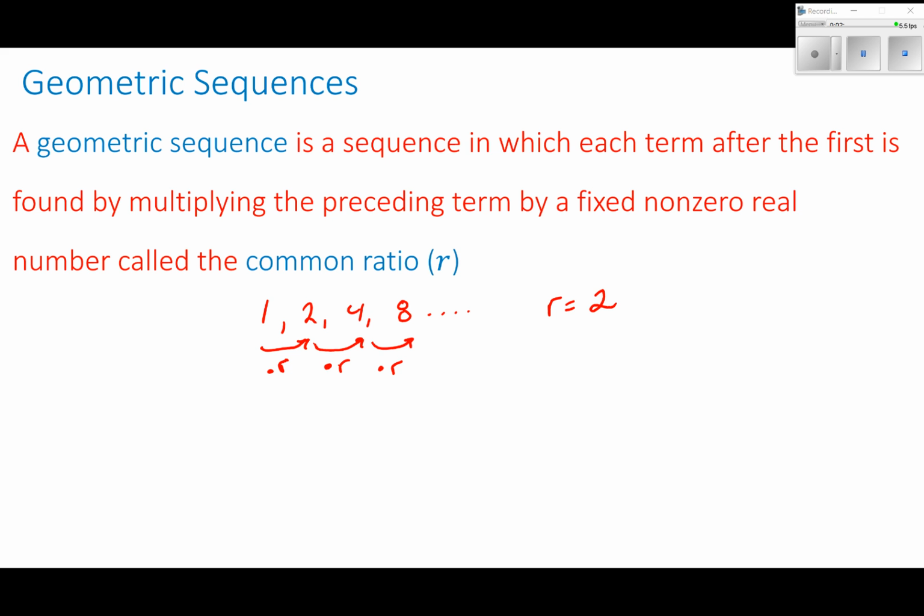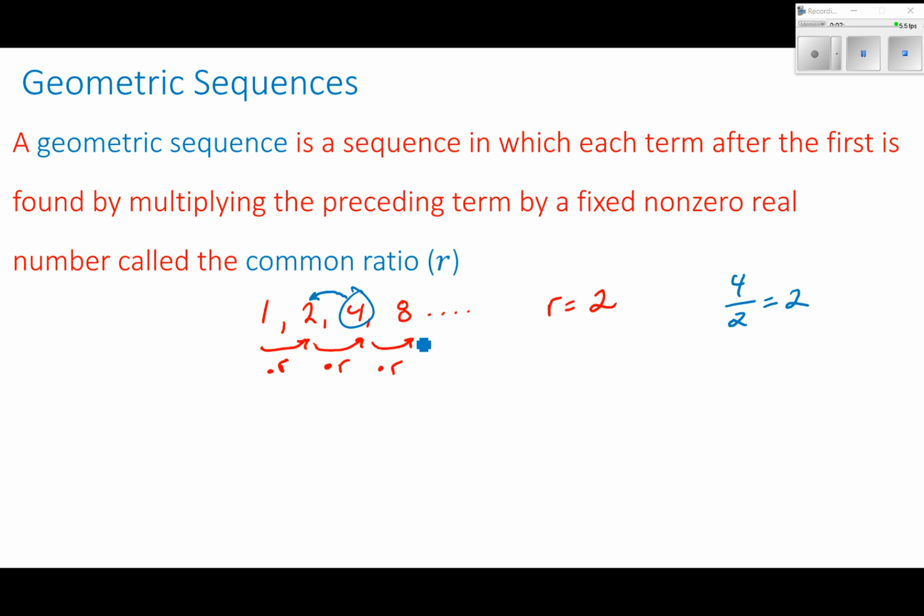Another way to find this, and we'll get more with other numbers that are a little harder to find just by looking at them, is to take a term and the term before it. Let's say I look at 4. If I took 4 and divided it by 2, that got me my common ratio of 2.